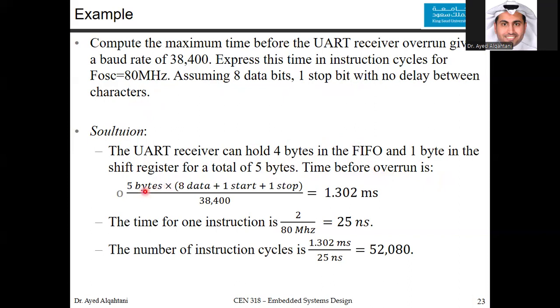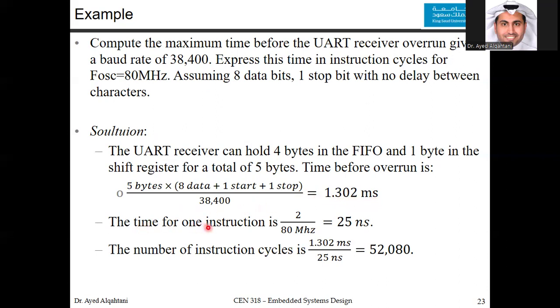It would be 5 bytes. It's actually frames, not bytes, but we just say 5 bytes. So there are 5 of them, 8 data plus a start bit plus a stop bit. That's a total of 10 bits each, divided by this baud rate, which gives around 1.3 milliseconds.